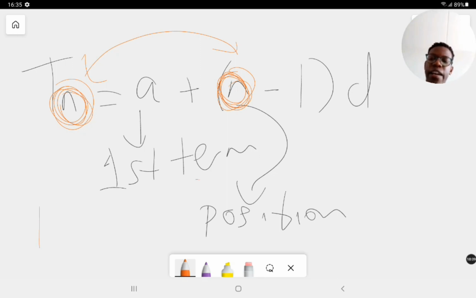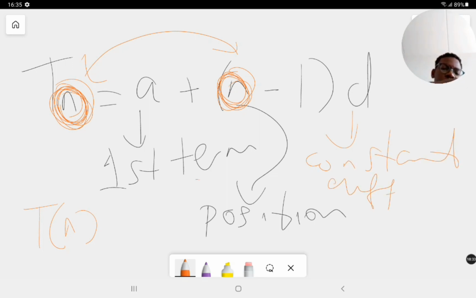You might as well write it the way you write functions: the value inside the bracket is the value that you're going to use in the formula. So it means exactly the same thing. The fact that it's at the bottom there means nothing really. And then this is the constant difference.